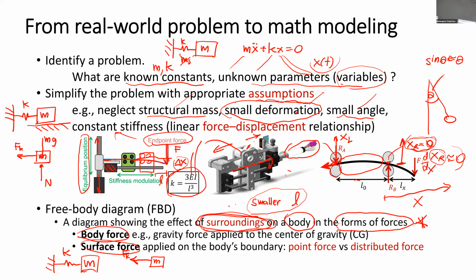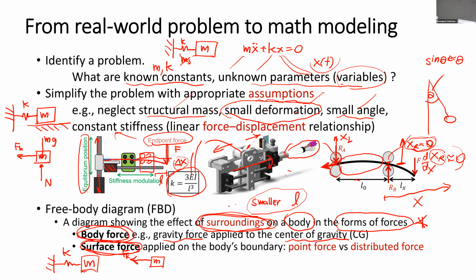Body force means the force that applies throughout the body of an object. For example, the gravity applies to all particles in the mass, and we can sum it and represent it by a point force applied at the center of gravity. The surface force applies on the boundary or the contact point between the component and the surrounding.